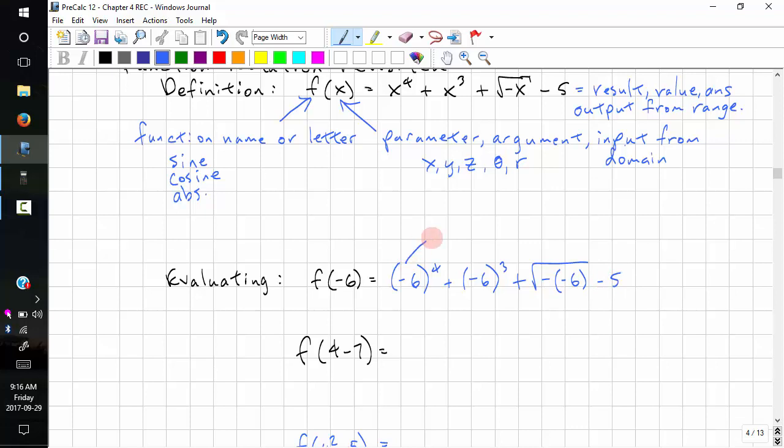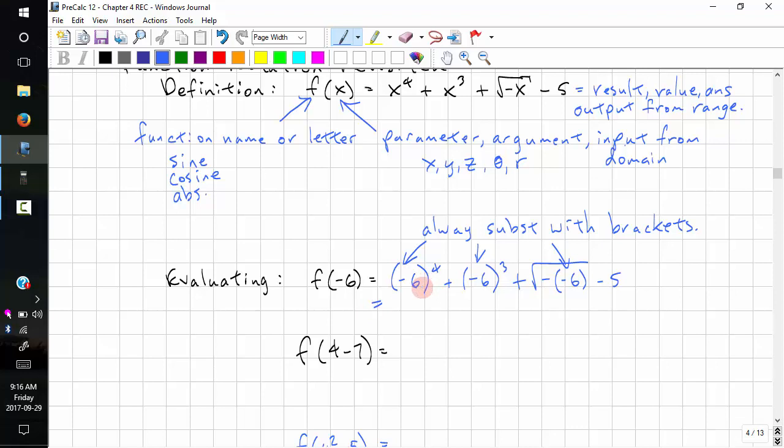And the note here: always substitute with brackets. I think I've mentioned this before. And I purposely made negative signs in here to make it more challenging.